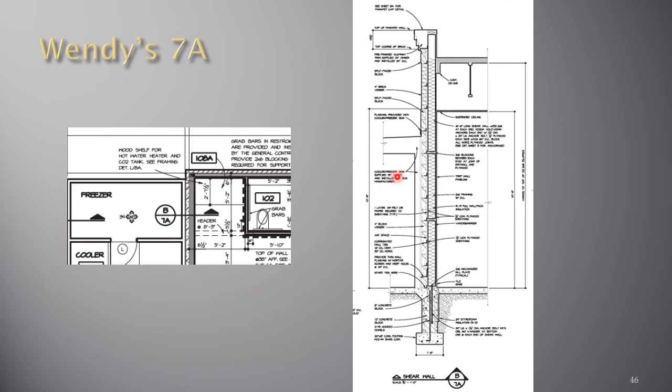So you can see here, cooler freezer box is defined here, and we have fiber reinforced plastic wall paneling. We have interior finishes in here. So we are looking through the wall and we can see the section. Here's our 2x6 blocking, 4-inch block veneer rather. Notice the joist that is shown supporting the roof.